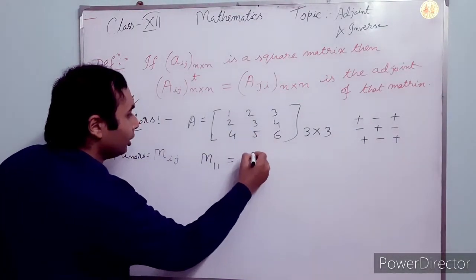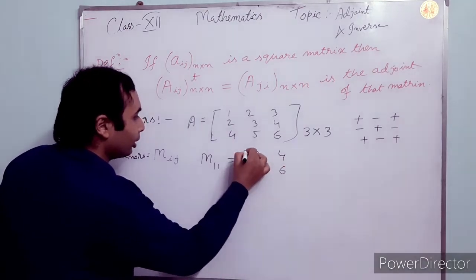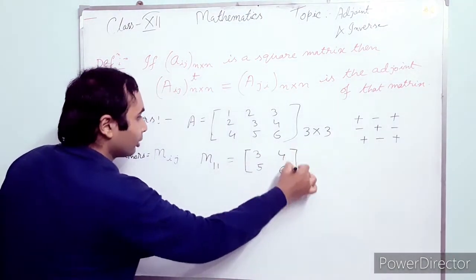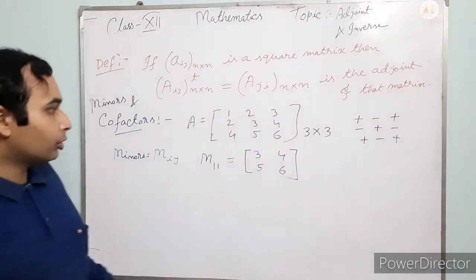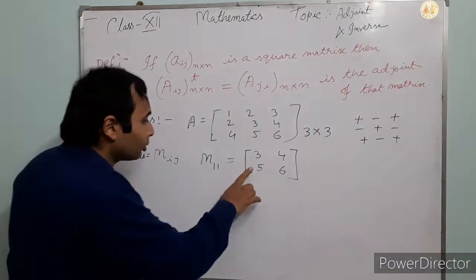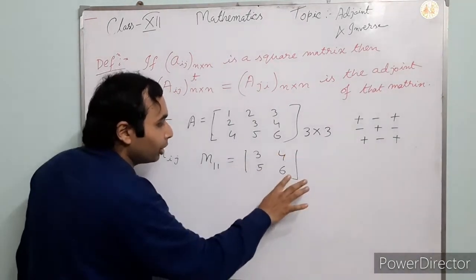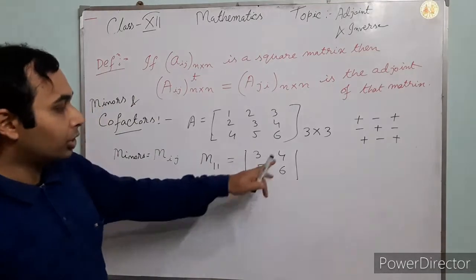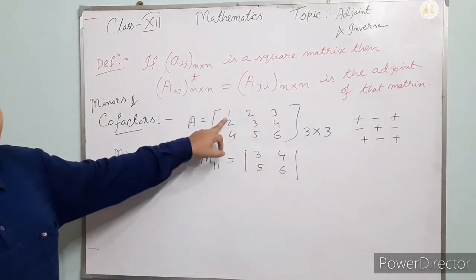So this will be the determinant 3, 4, 5, 6. Sorry, actually the minors are not the matrices, minors are the determinants. So 3, 4, 5, 6, this is the minor for the 1, 1 term.